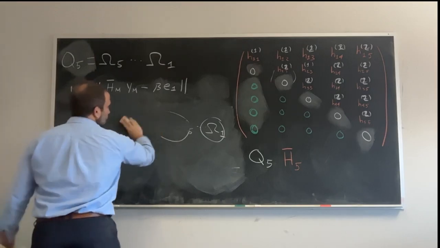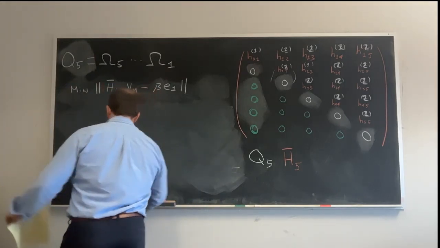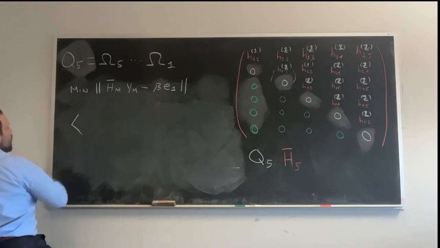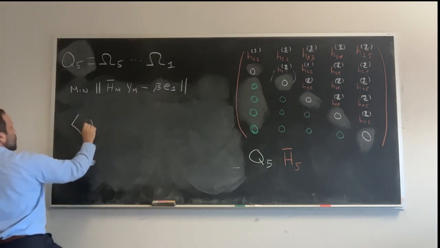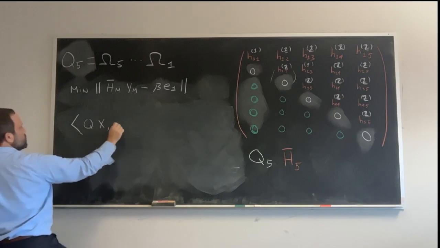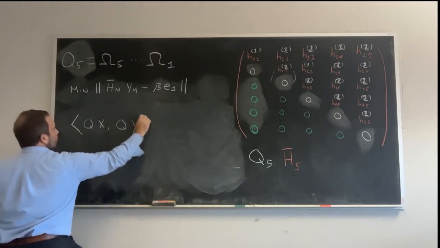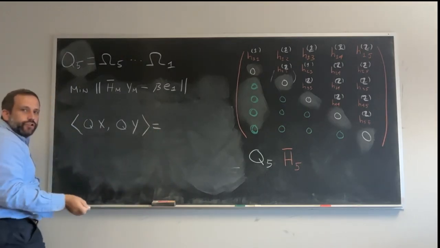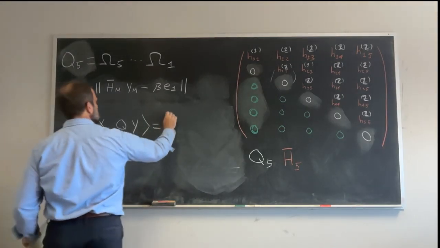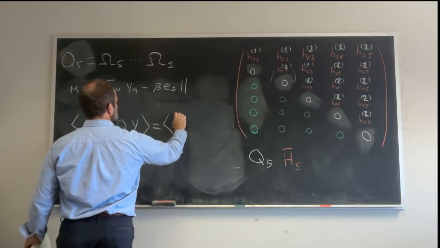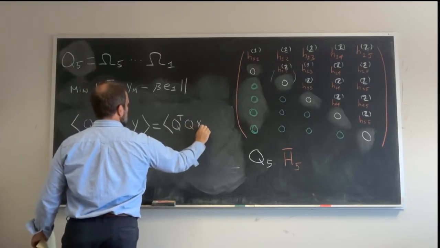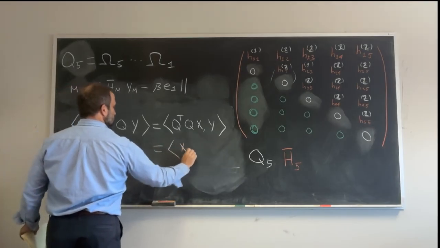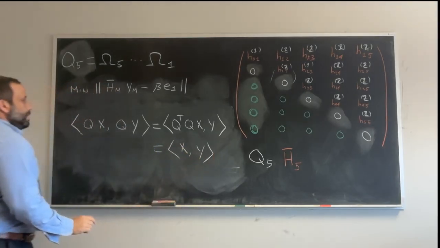Okay, so why does that help us? Well, if you have a unitary operator, and you do Qx, Qy, well, notice what happens by the properties of the transpose, basically the definition of transpose. This is equal to Q transpose Qx, y, which is equal to x, y.